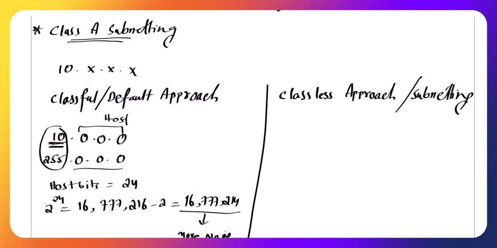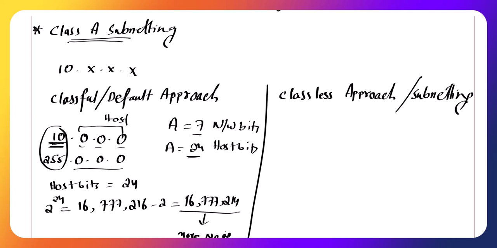Why do we call it classful? Because the classful approach says that in class A there is a particular number of network bits and number of host bits. In class A we have 8 network bits and 24 host bits. 24 means the second, third and fourth octets belong to the host.